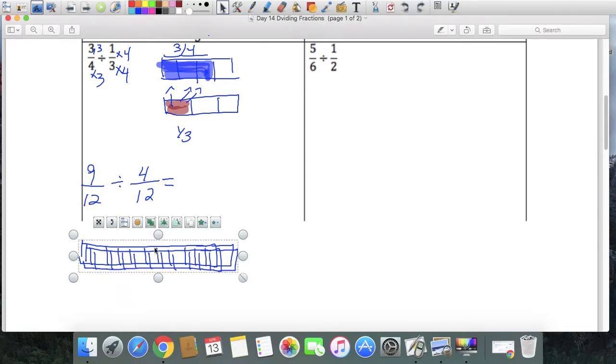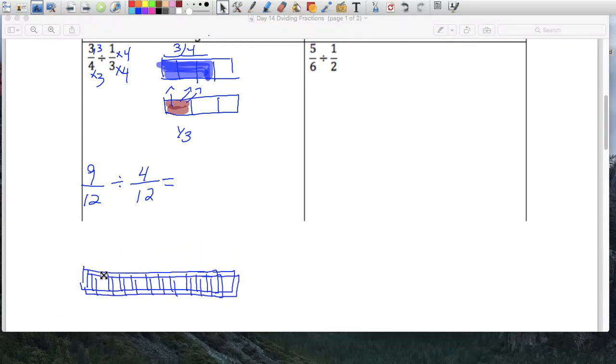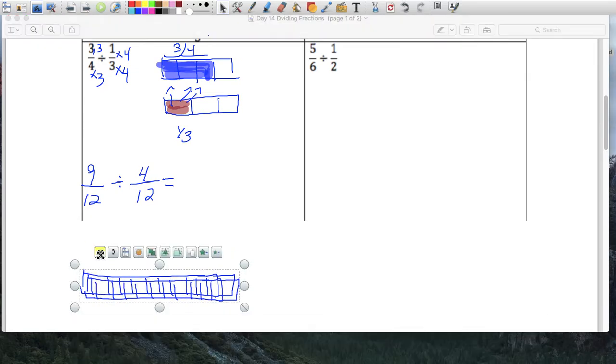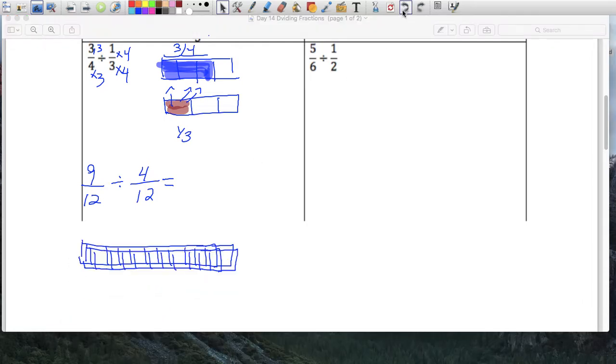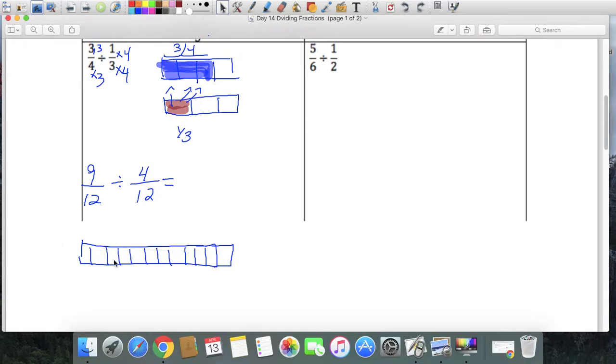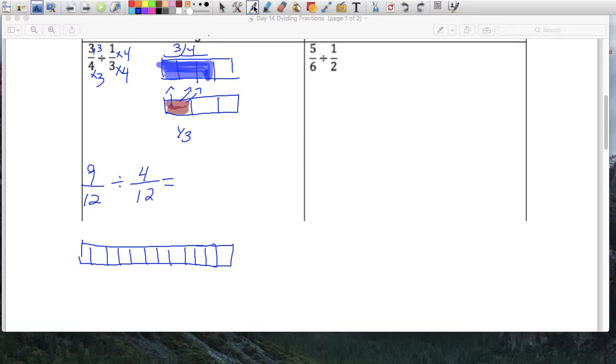Come on, move it. Not you, the other one. Okay, maybe not. Alright, okay, got it. I was just going to duplicate it.